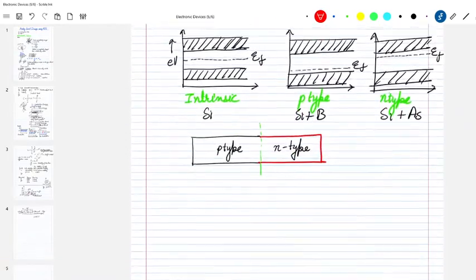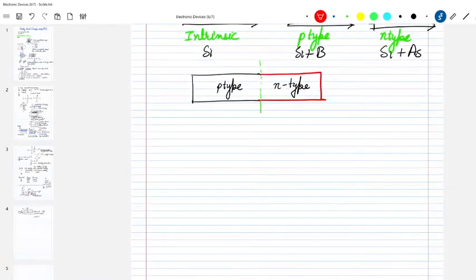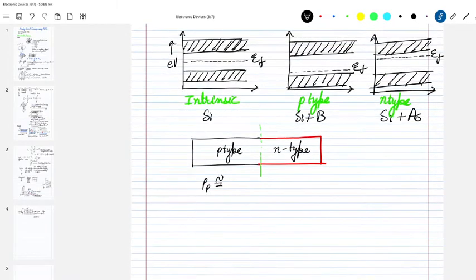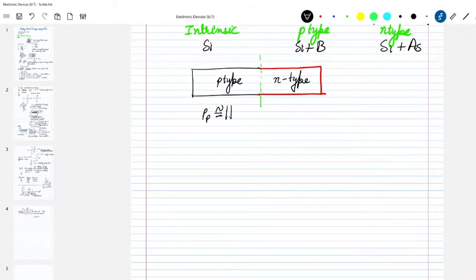Now let us look at this. Now here I'm going to write, this is a p-type. So if I look at holes with a representation using p and then a subscript p for p-type, this is approximately equal to Na per meter cube.